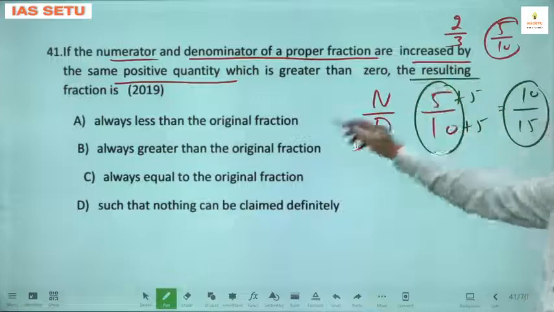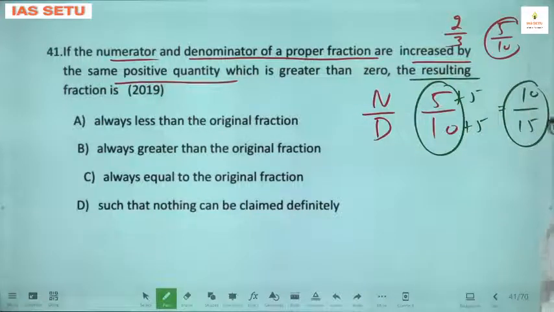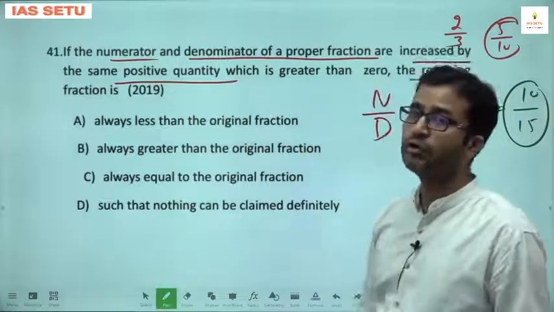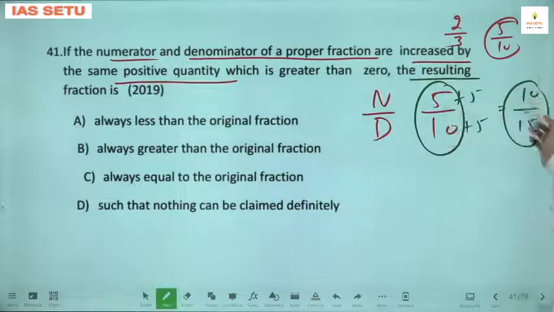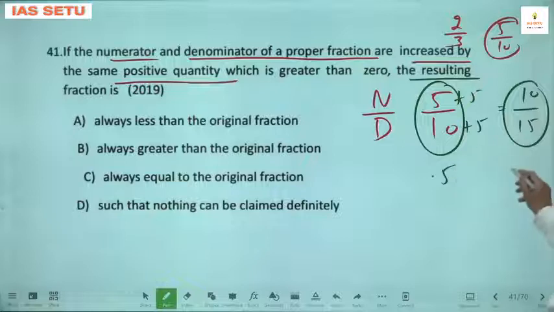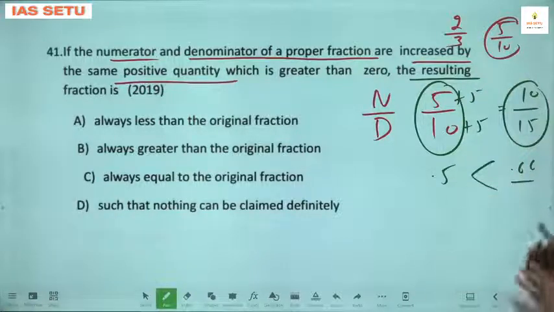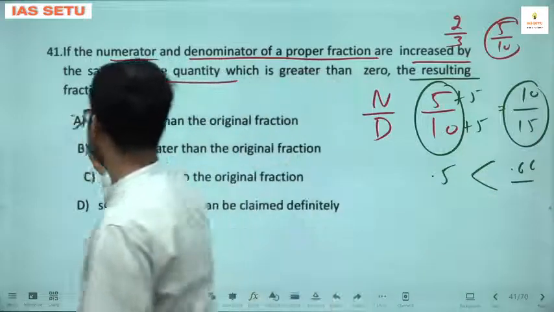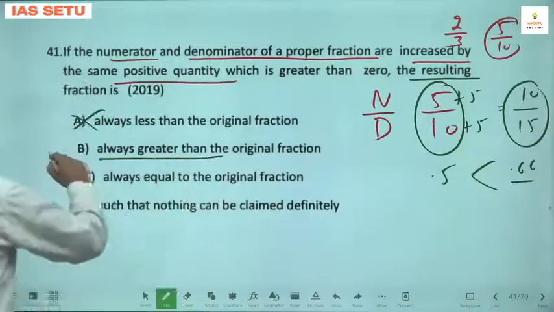The resulting fraction is... I already covered in the class the comparison of fractions shortcut. But if you are not able to recall, assume 5 by 10; it becomes 10 by 15. This is a half, this is 0.66. So the resulting fraction will always be greater than the earlier fraction. Is the resulting fraction always less than the original fraction? No. Always greater than the original fraction?